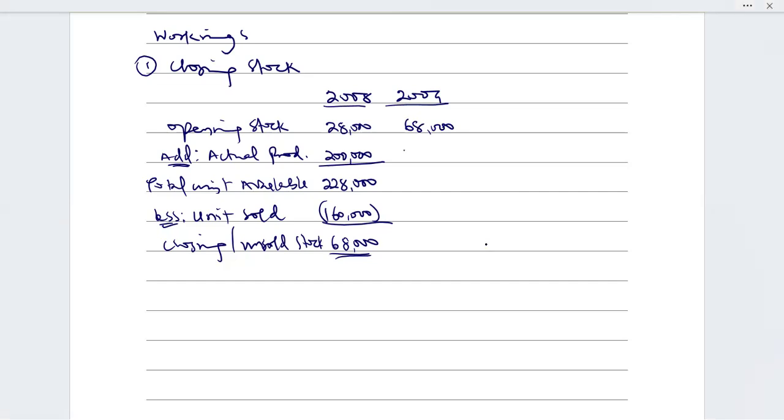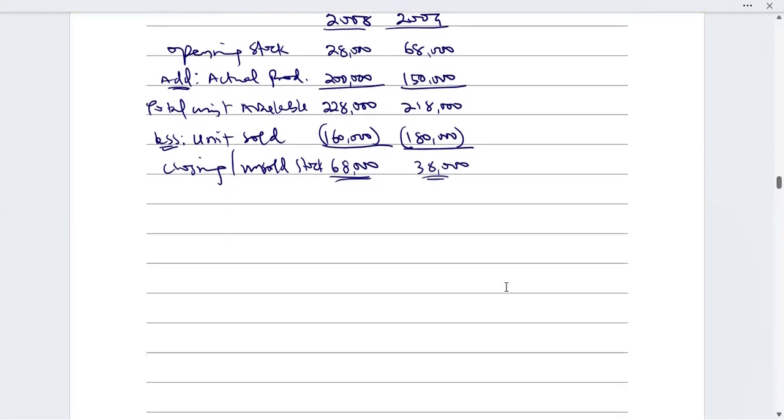So here is 150,000. Add the two together, 218,000 units. Then how many units were sold in 2009? 180,000 units were sold. Here is 180,000. Therefore, 218,000 minus 180,000 will give us 38,000.